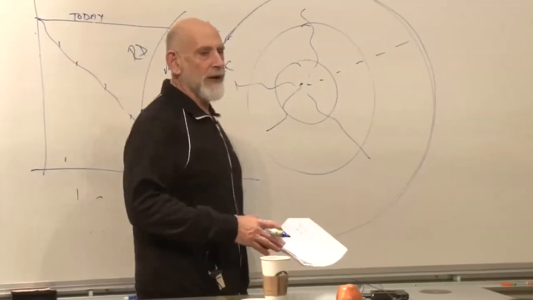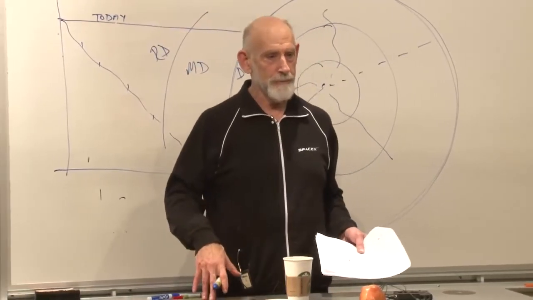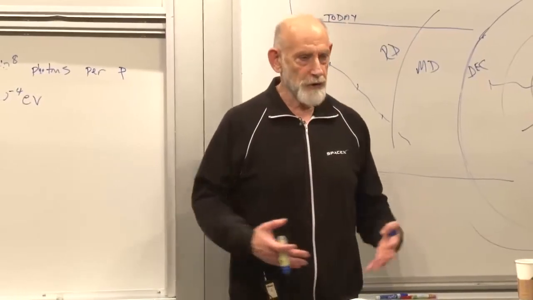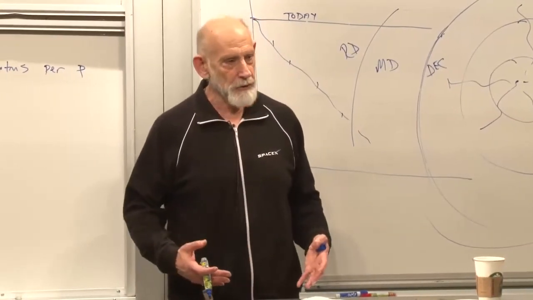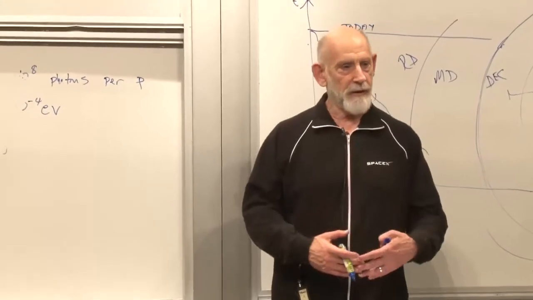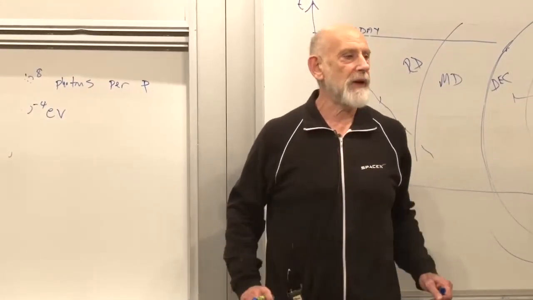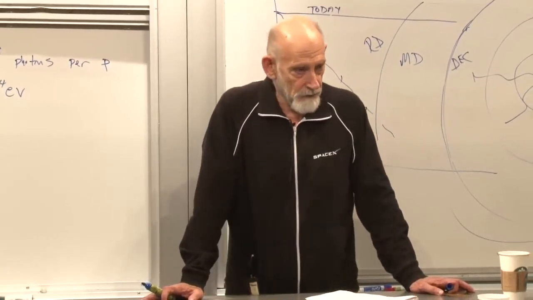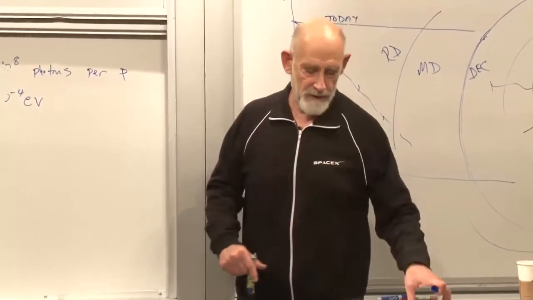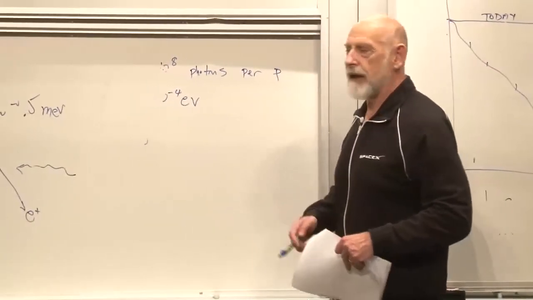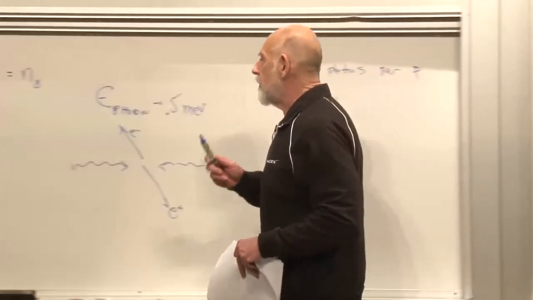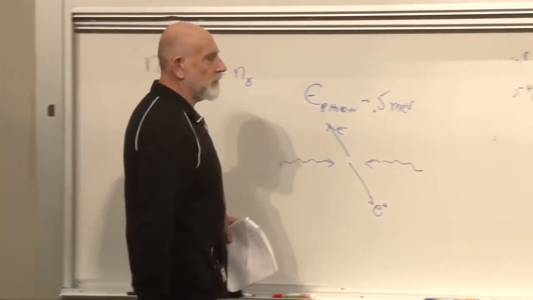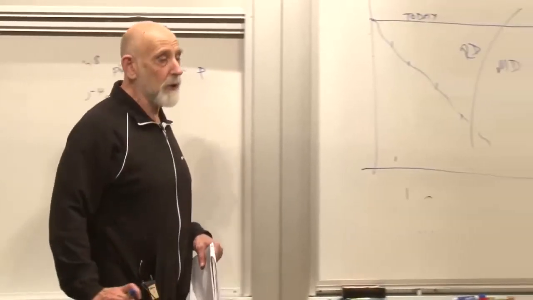What happens if the number of electrons and positrons gets too low? Well, they're replenished by collisions, and the collisions will tend to simply resupply them. What happens if the number of electrons and positrons gets too high? They will collide and make photons. So there's a balance, and the balance is not determined by anything except the temperature. And above that temperature, the three species of electrons, positrons, and photons are all about equally abundant.